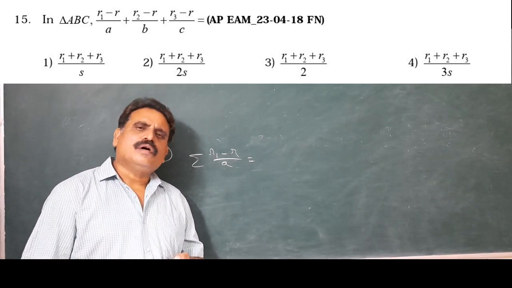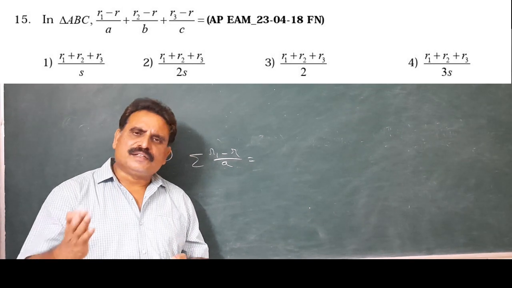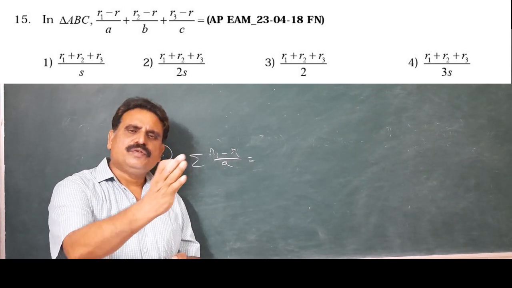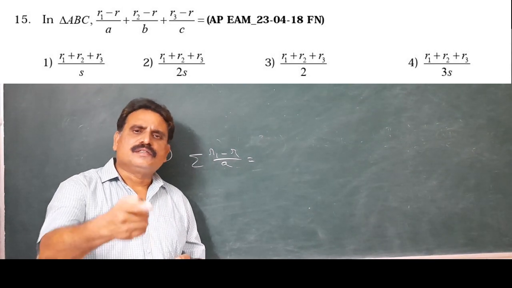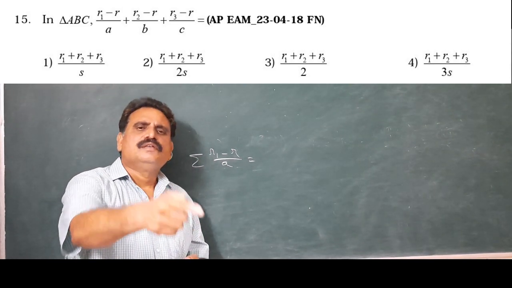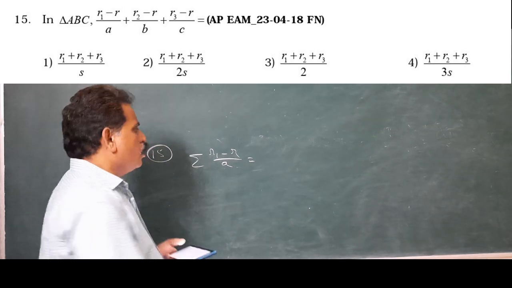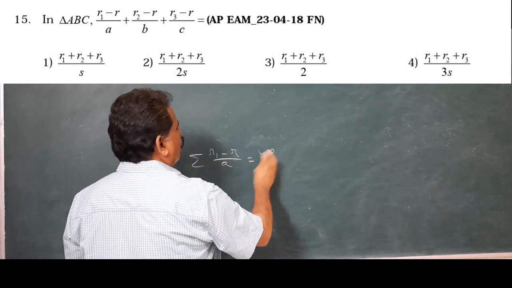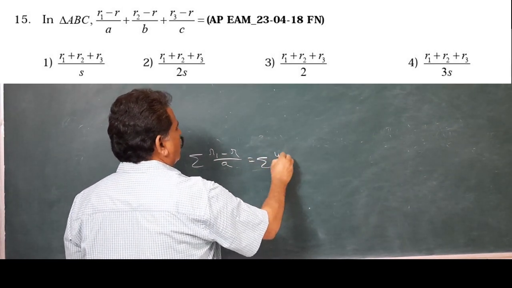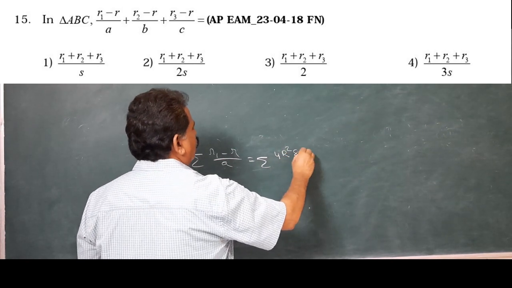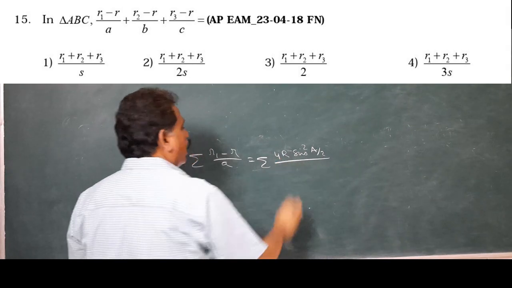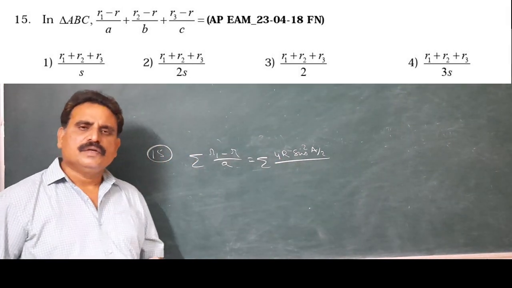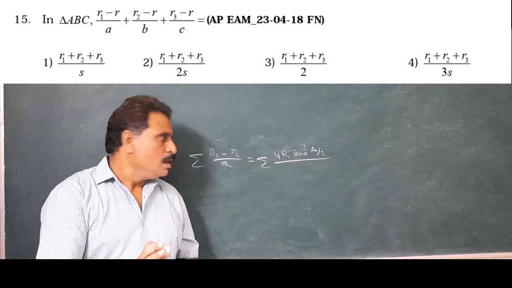Taking common 4R sin A by 2, after that cos B by 2 cos C by 2 minus sin B by 2 sin C by 2. That is cos of (B plus C) by 2, that is sin A by 2. So r1 minus r is 4R sin square A by 2.